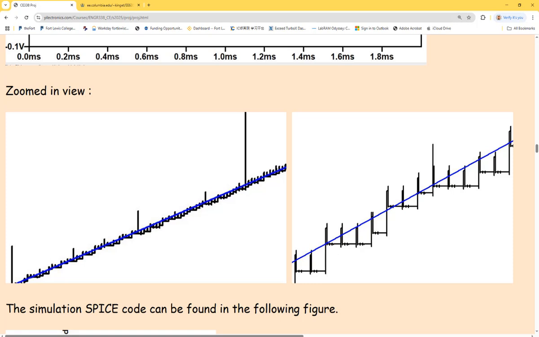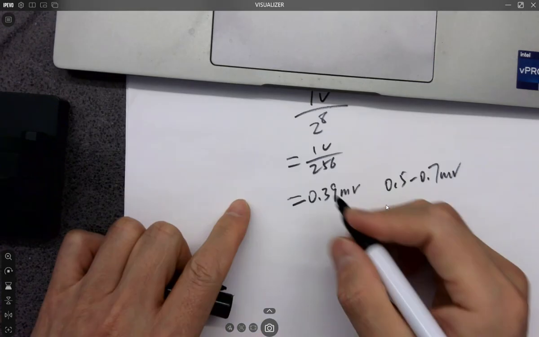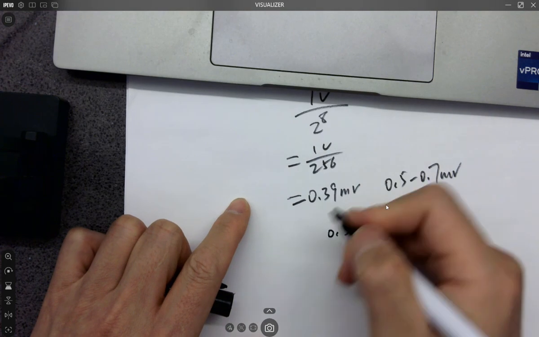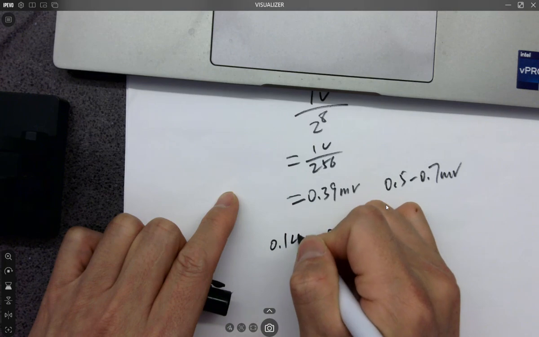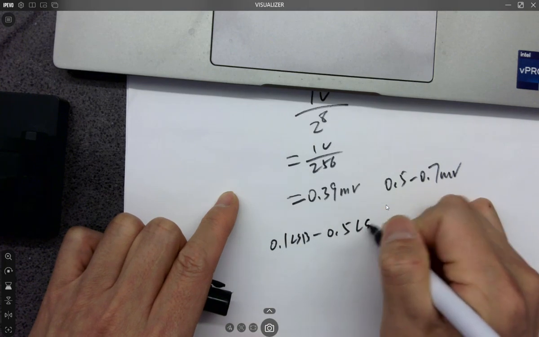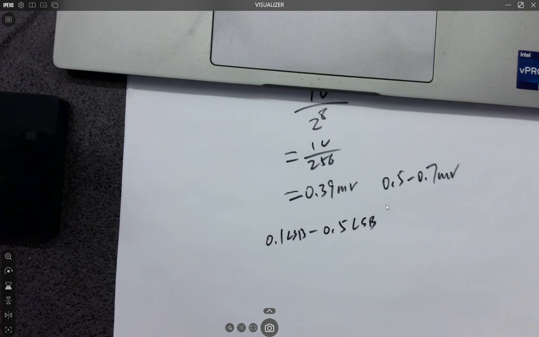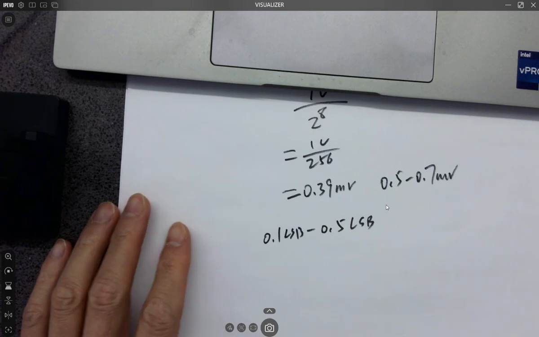So for example, you will see parameters like 0.1 LSB to 0.5 LSB. So that's a range for the DNL for the entire set of transitions of all the points.